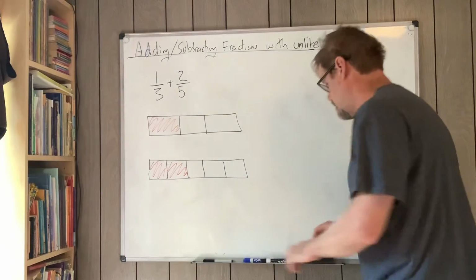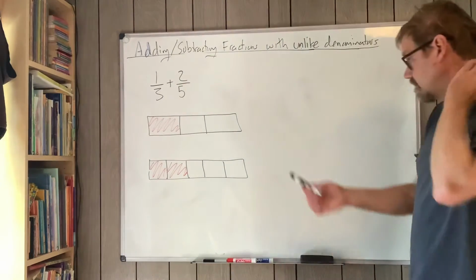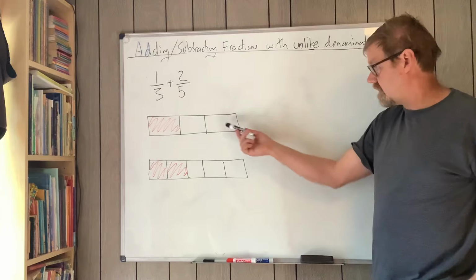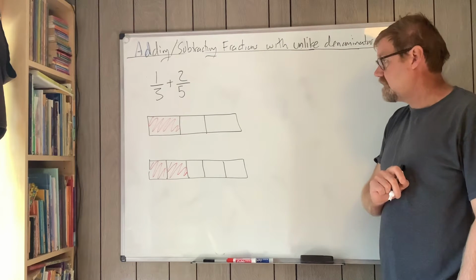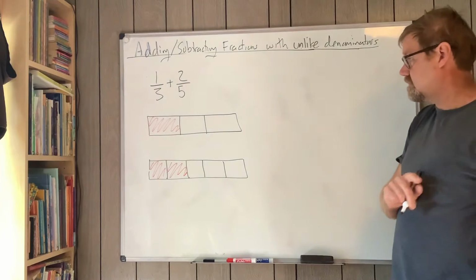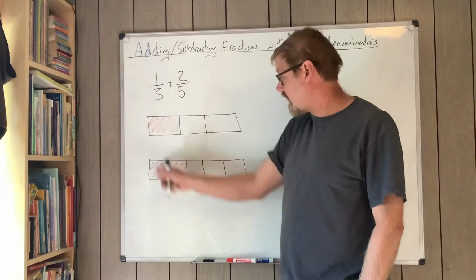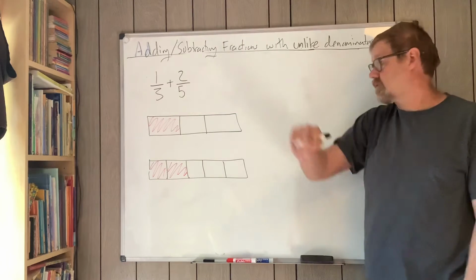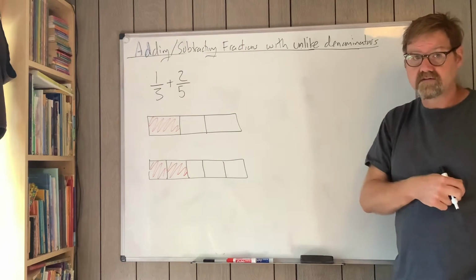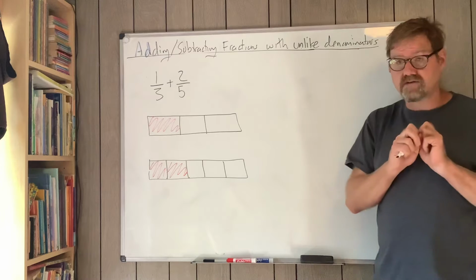Look at that. So now it's really not clear how to add these two. Because again, the size of these things aren't the same, so I can't just say it's a total of 3, because in many ways the units are not the same.